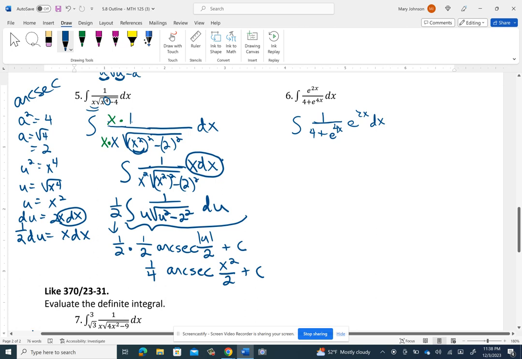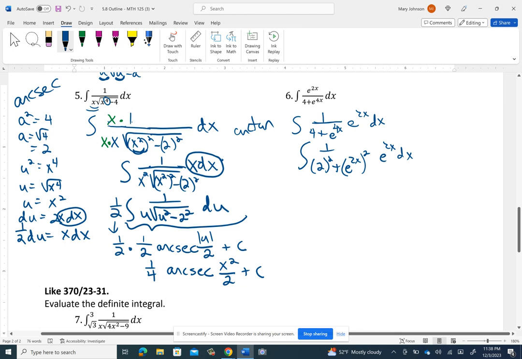I'm going to do this one using arctan because I don't see a square root. So I can think of it as 1 over 2 squared plus e to the 2x squared, because remember, when you have a power raised to a power, you can multiply 2x times 2 to get your 4x. And then I'm going to keep that e to the 2x dx here to the side. So that's what I'm trying to integrate.